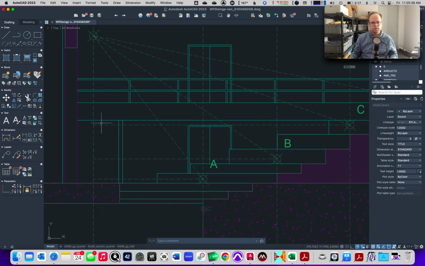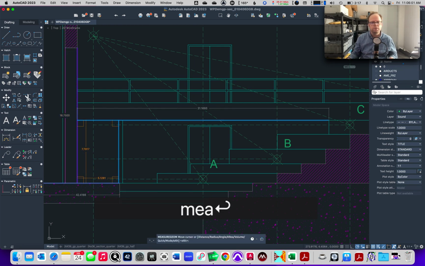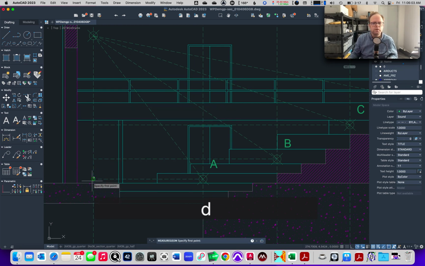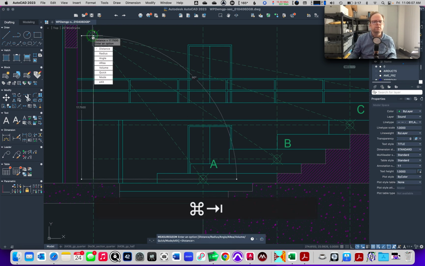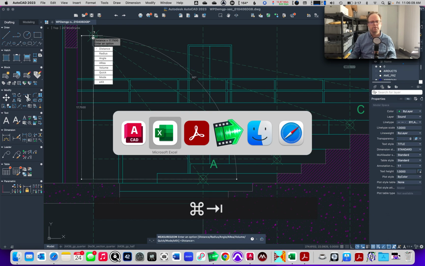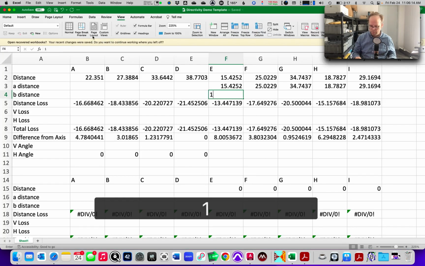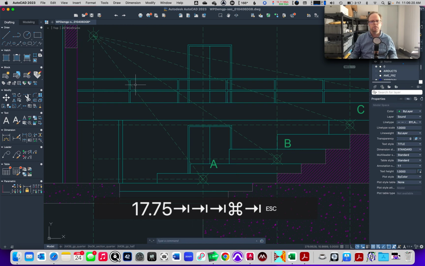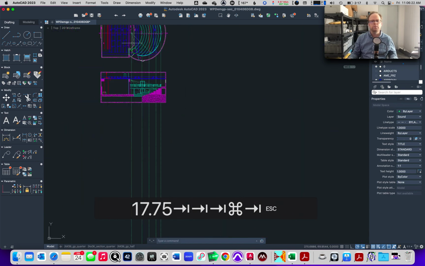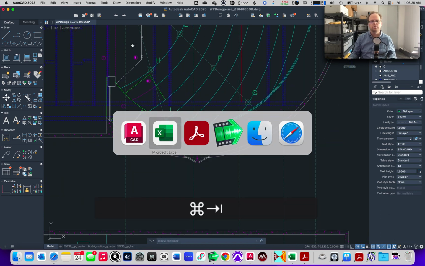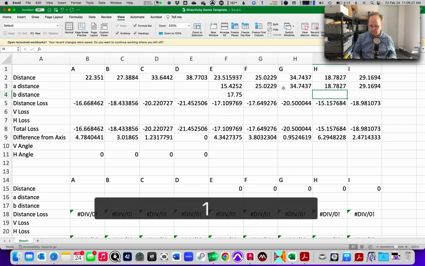So the side I'm looking for here for these front row seats is going to be measured from this point to this point. I got 17.75. So that would go 17.75 in for E, and then I believe it's H that's also on the front row. Let me just double check. Yeah, H is also on the front row, so it's also going to get 17.75.